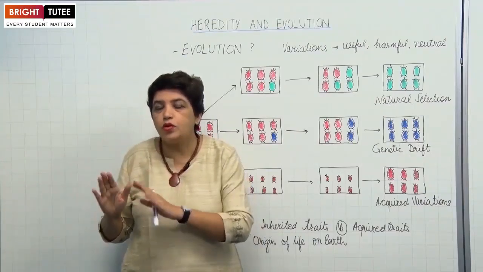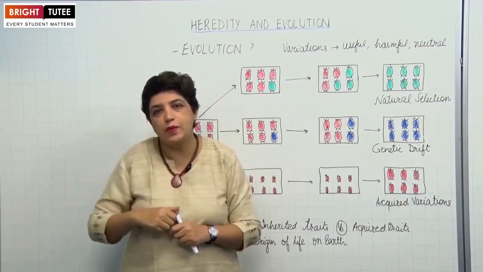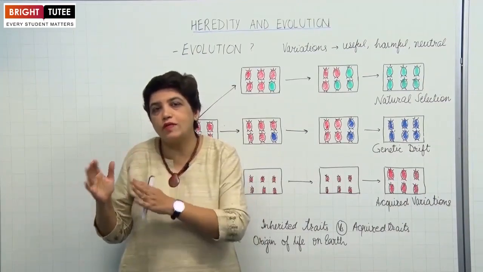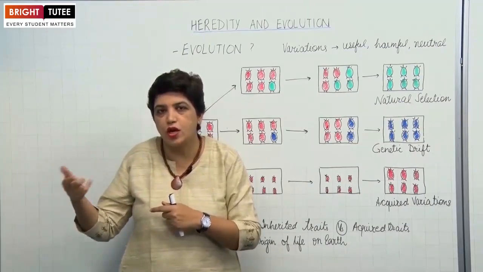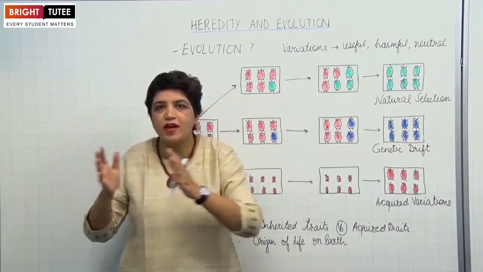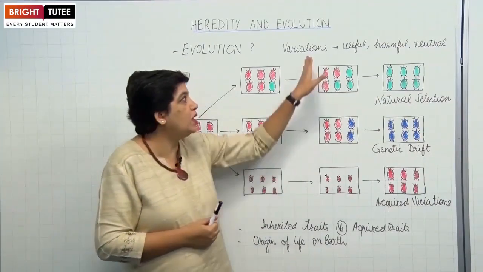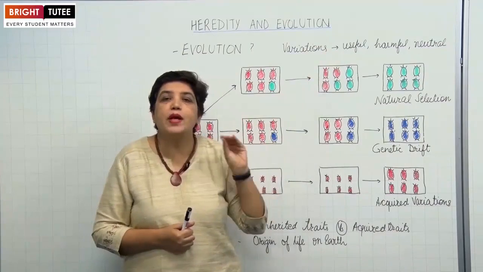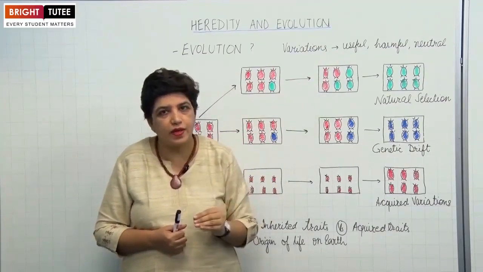So for them, the competition for food was very less. They had enough food from the higher branches. So those giraffes could survive and pass on this variation to the next generation. Gradually, they could survive because they had enough food. Such variations are called useful variations because they help the organism to adapt and to survive in the environment.